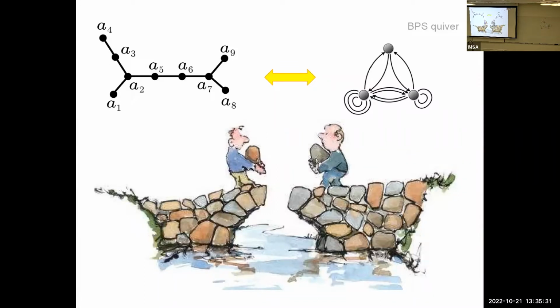So Q_ij will be equal to 1 if i and j represent an edge in this graph. And for simplicity, let's assume that it's more like on the slide rather than here, so it doesn't have loops.